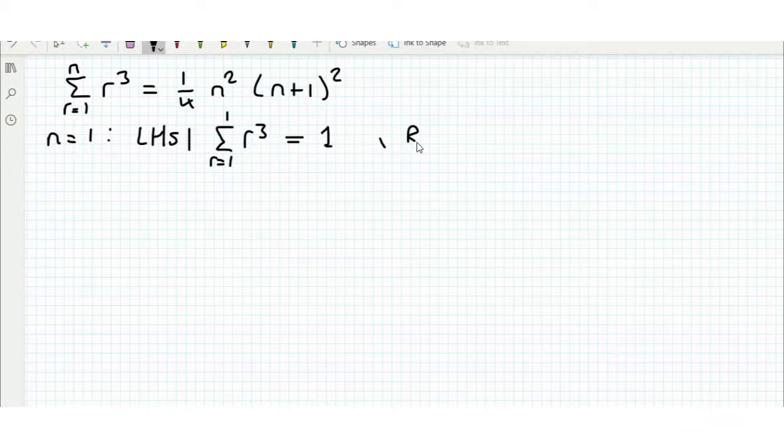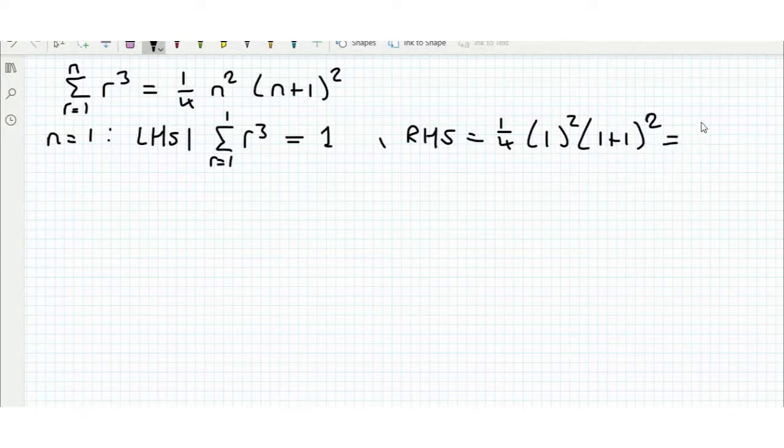The right hand side is 1/4 times 1 squared times 1 plus 1 squared. So that's 1/4 times 1 squared, which is 1, times 2 squared, which is 4, so 1/4 times 4 is 1. So this is true for n equals 1.